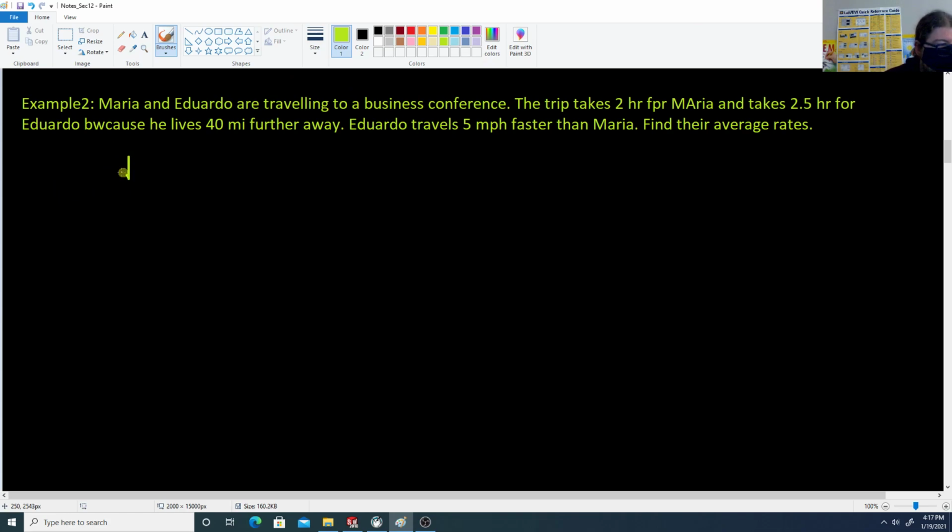Okay, so we're going to use distance for Maria equals rate for Maria times time for Maria, and distance for Eduardo equals the rate for Eduardo times the time for Eduardo. So I'm using subscript M to talk about Maria's information, and subscript E to talk about Eduardo's information.